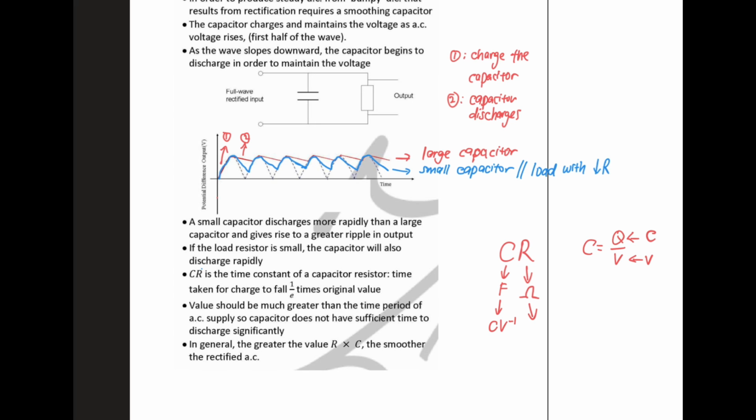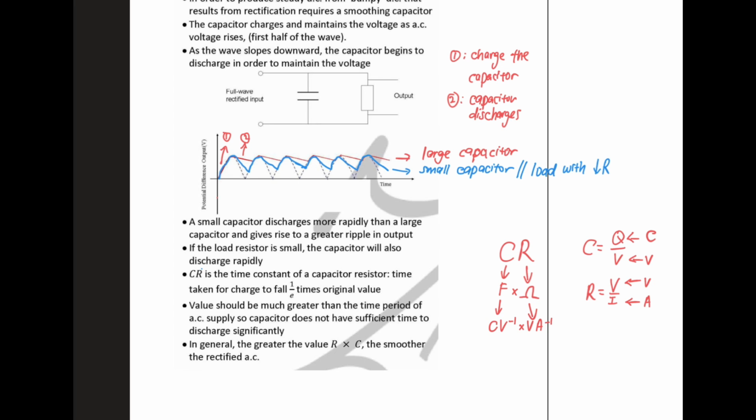And how about resistance? If you remember the formula, R equals V over I. The unit for V is volt, the unit for this is ampere. So it becomes volt over ampere. And imagine these two multiplying.